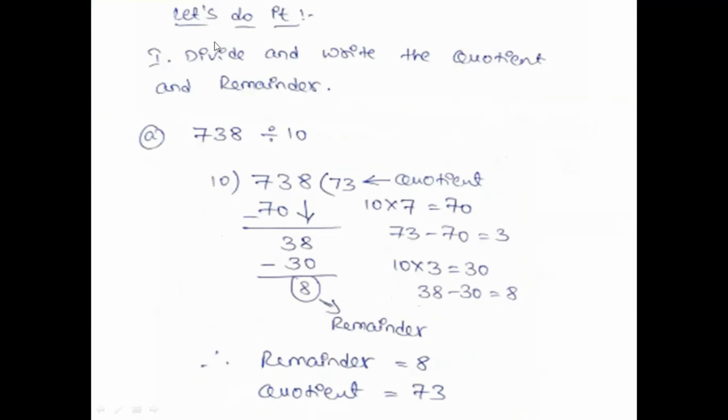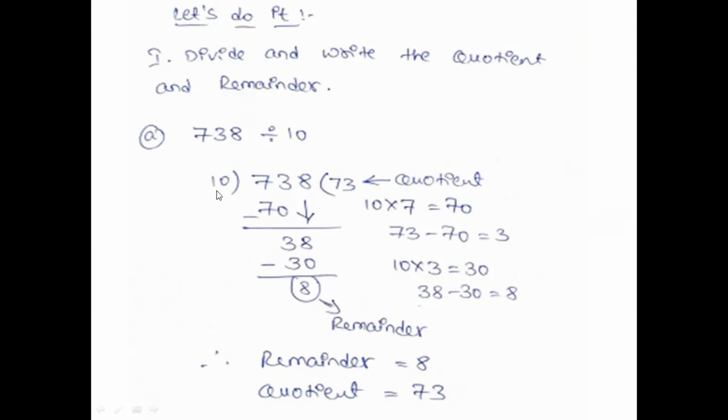Let's do it. Divide and write the quotient and remainder. 738 divided by 10. 10 in the divisor place, 738 in the dividend place.